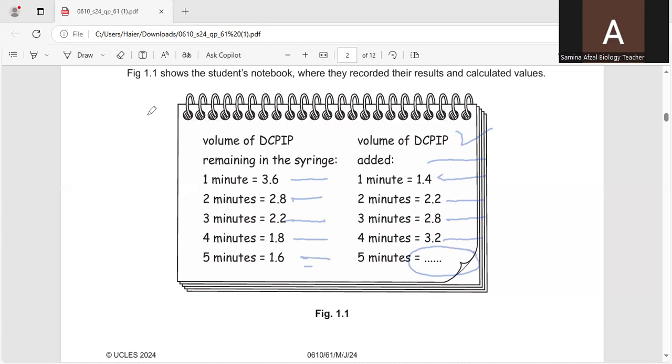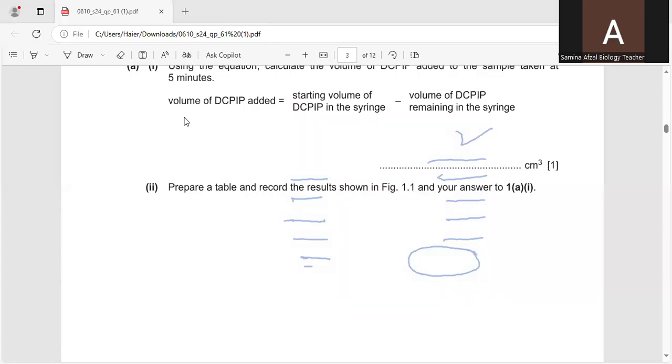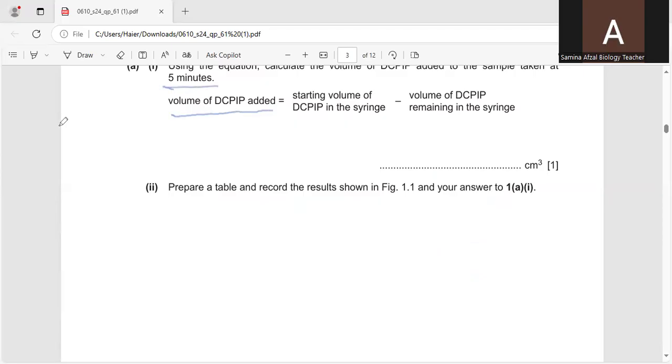On the next page, the formula has been given for this. So we will move to the next page, and there we have to calculate this missing value. You can see the starting volume of the DCPIP added was for 5 minutes. So the volume taken at the start of the experiment was 5 cubic centimeter.